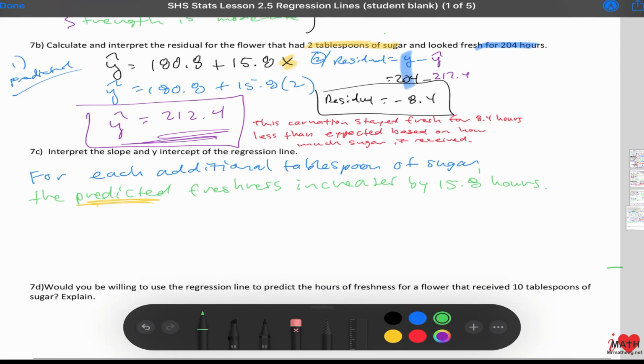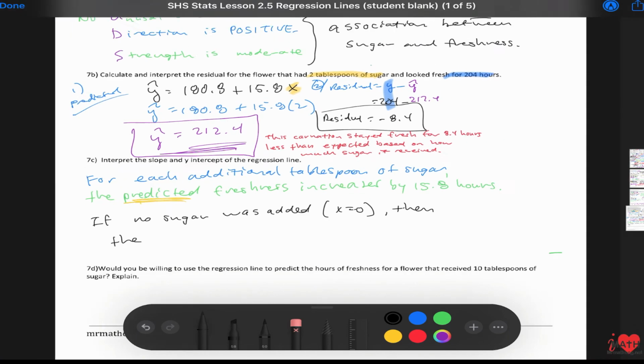Okay, so then what does the y-intercept mean? What does the x represent? If no sugar was added, x equals 0, then what do we write up here?